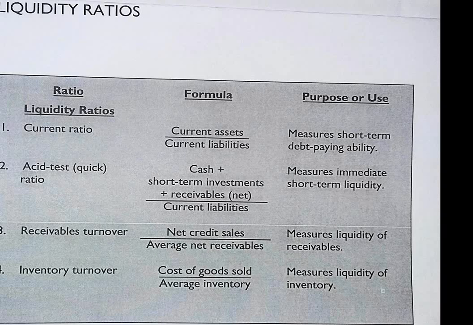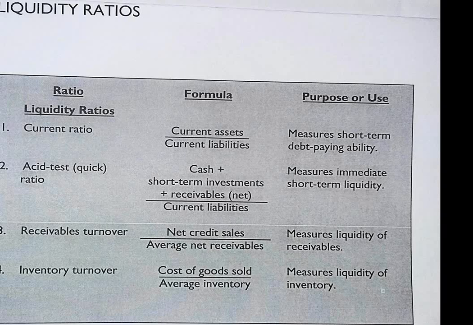We deduct the allowance from receivables, which gives us the net, so we use the net. Then cash plus short-term investments plus receivables net, over current liabilities, gives us immediate short-term liquidity.